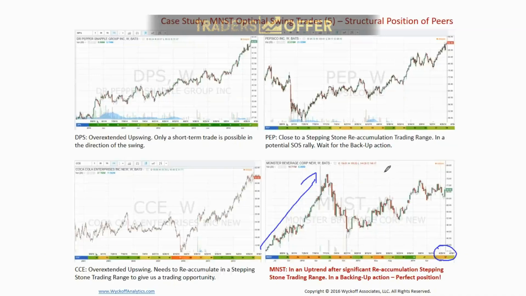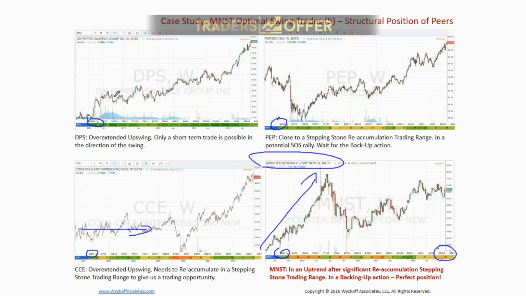And let me just make sure that we are on the same time scale right here. It's interesting how it looks slightly different. Okay, so 8/8/14, yes. So look at what Monster Beverages is doing, right? There is a lot of outperformance, whereas Coca-Cola is just basically consolidating.